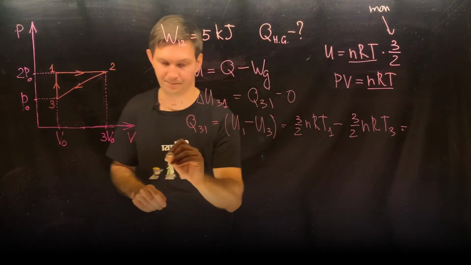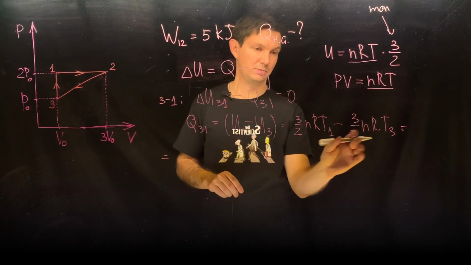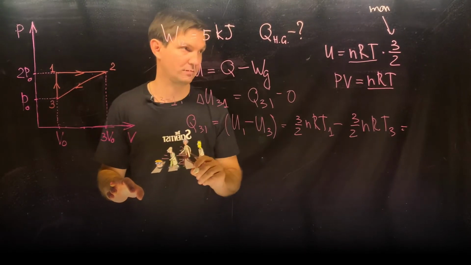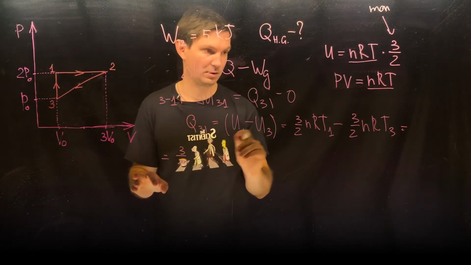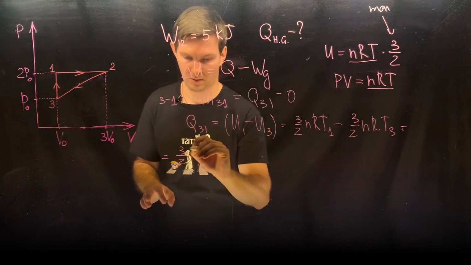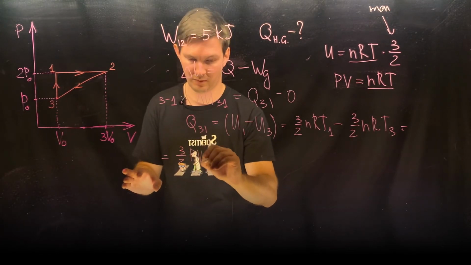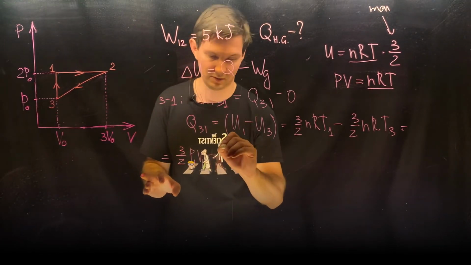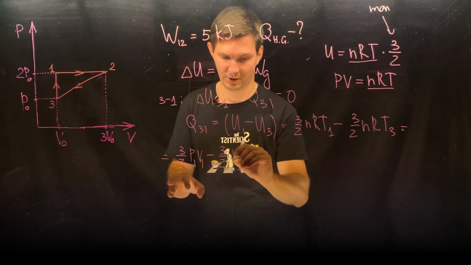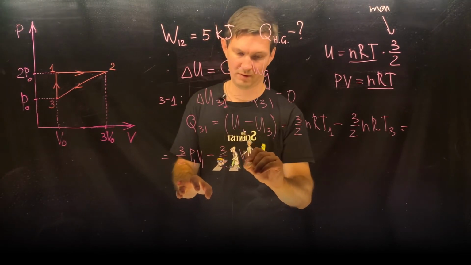And we must substitute the ideal gas law here, and it is 3/2 times pressure in the first state times volume in the first state minus 3/2 times pressure in the third state times volume in the third state.